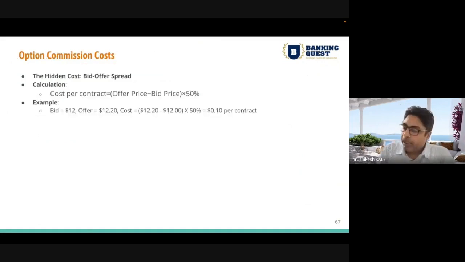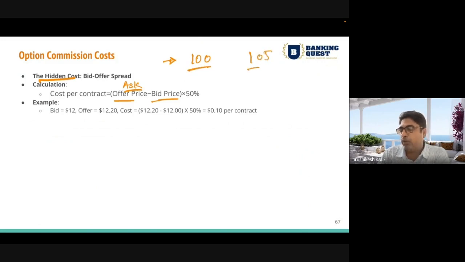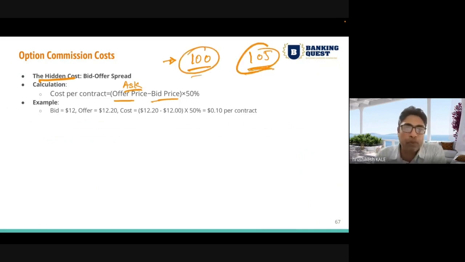Hidden costs. Sometimes it so happens that there is a difference between bid and ask. Offer price means ask price. So if there is no liquidity, someone can sell an option at 100 and someone is ready to buy the option at 105. This difference between 100 and 105 is called bid ask spread.